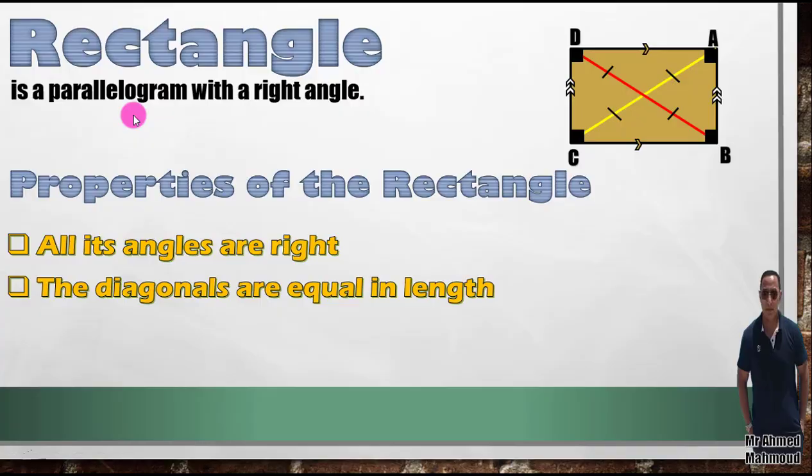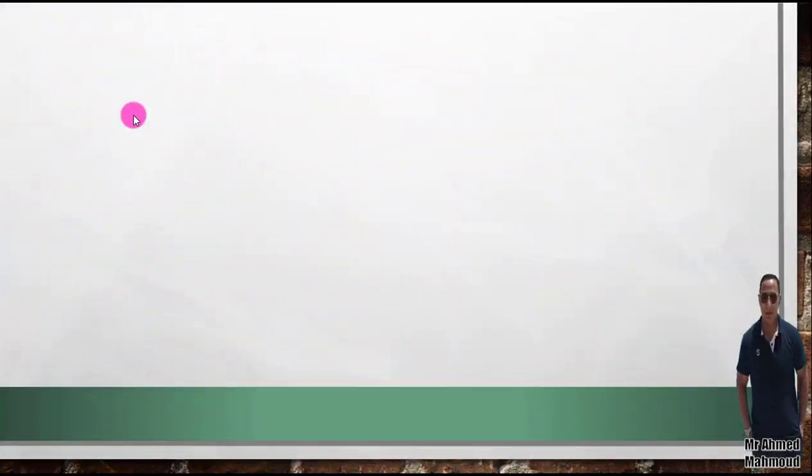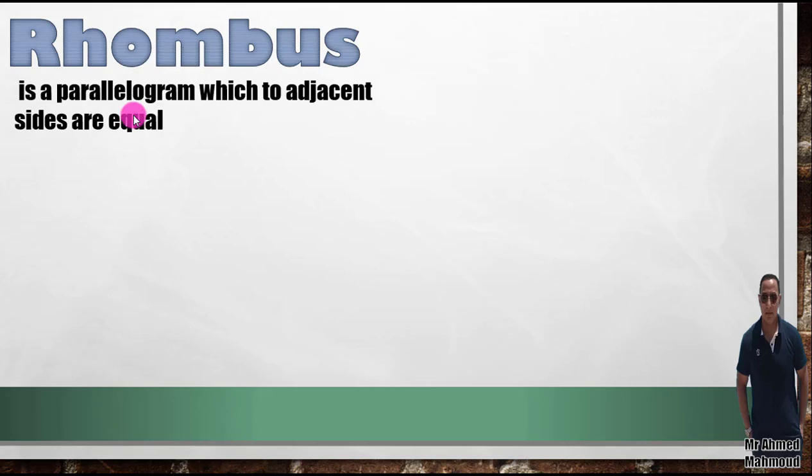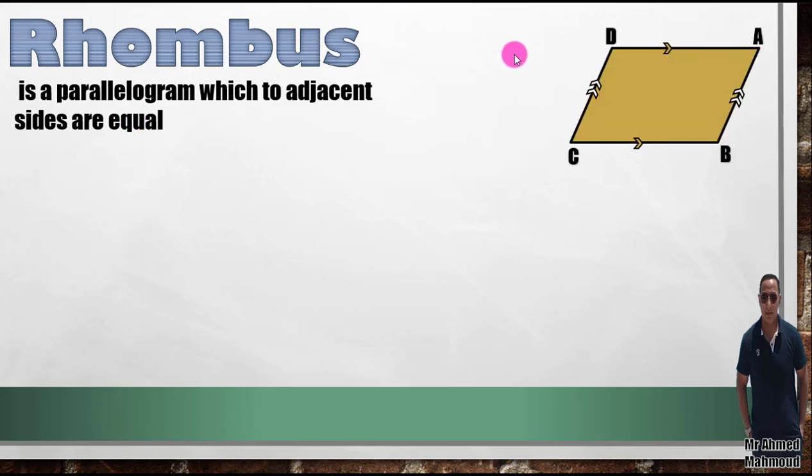Now let's study the second shape, which is called the rhombus. The rhombus is also a special case of the parallelogram. It is a parallelogram in which two adjacent sides are equal in length. What does it mean, Mr. Ahmed? If we have a parallelogram like this, for example, if AB equals 3, so DC equals 3.